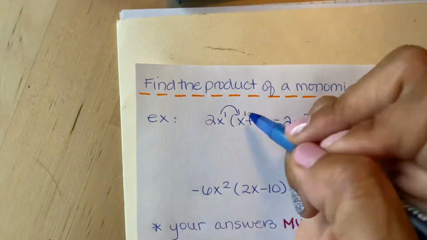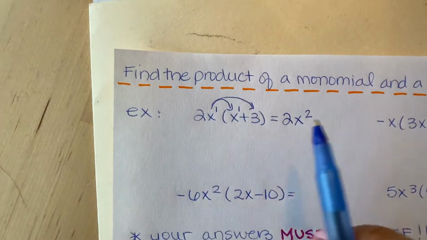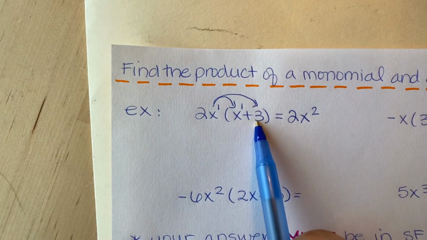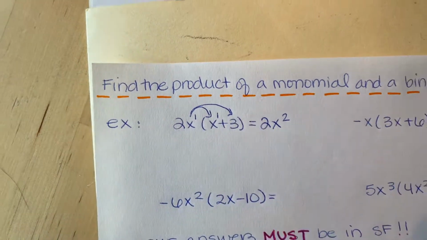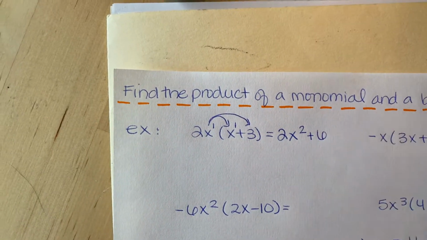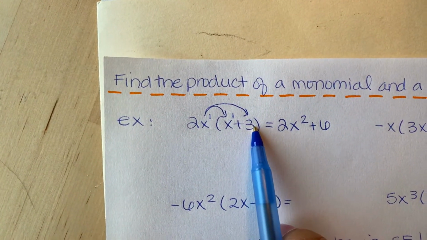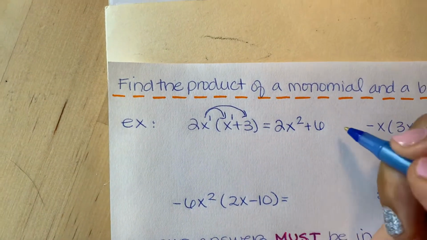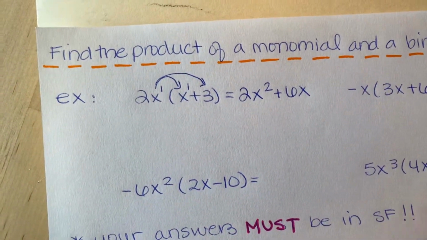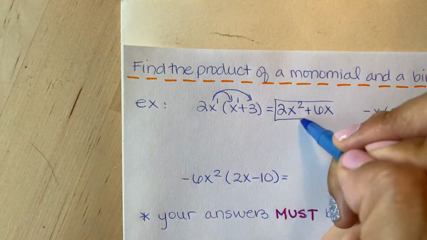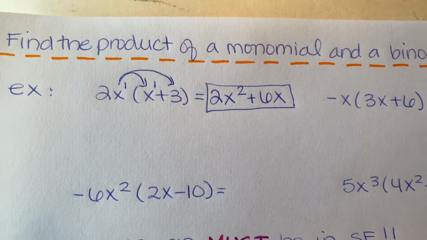Now you're going to go ahead and take the next term. What is 2x times 3? Well, 2 times 3 is 6. This doesn't have the base x. This has 1, so you have this answer. 2x squared plus 6x is your answer.